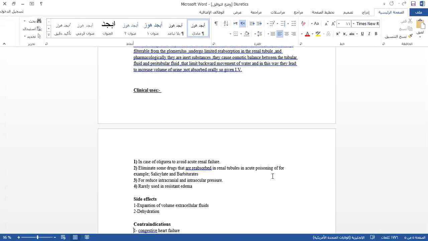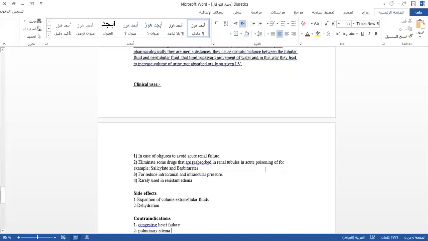Mannitol is rarely used in resistant edema. Because why? Because, as we said in the beginning, it is a weak diuretic. Side effects are expansion of the volume of extracellular fluid, and dehydration from the increased volume of urine.